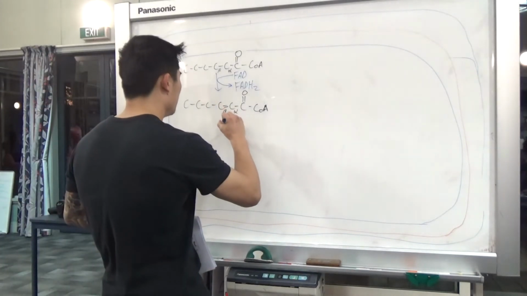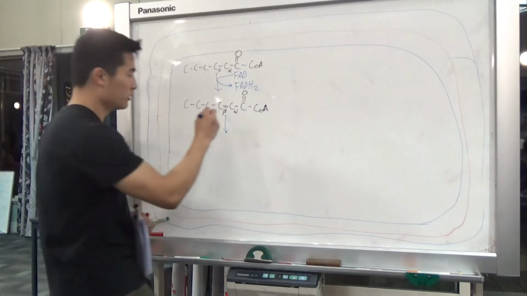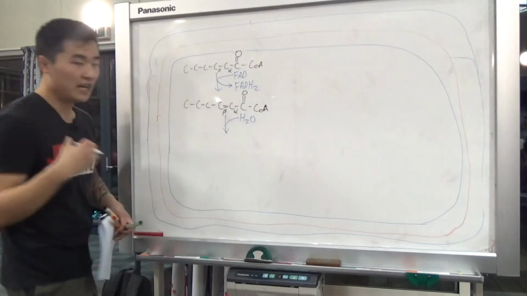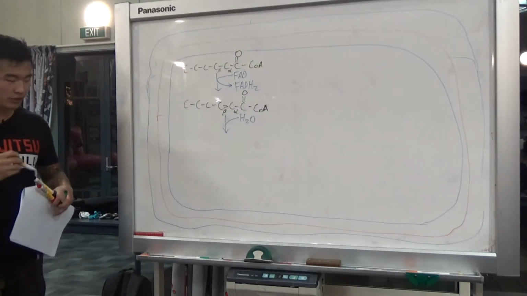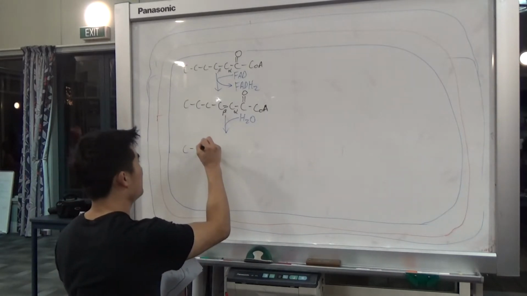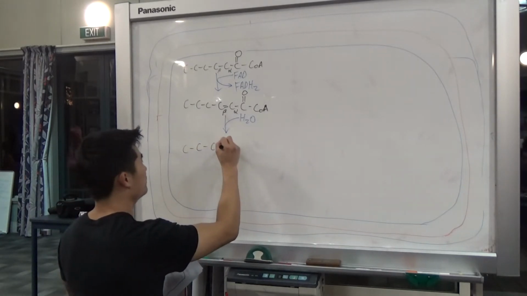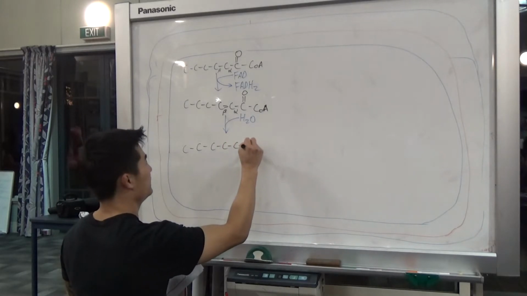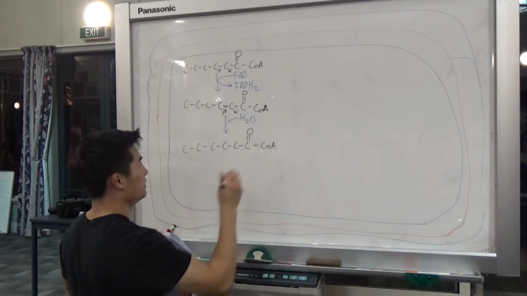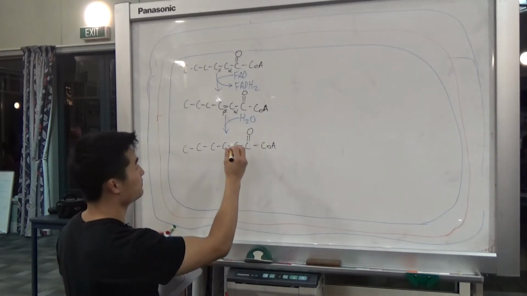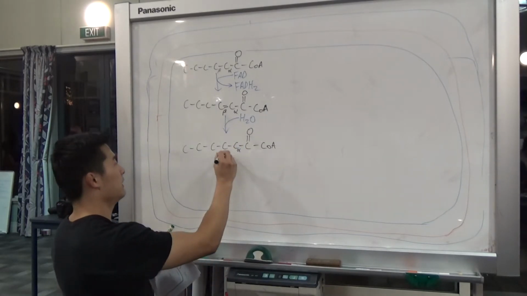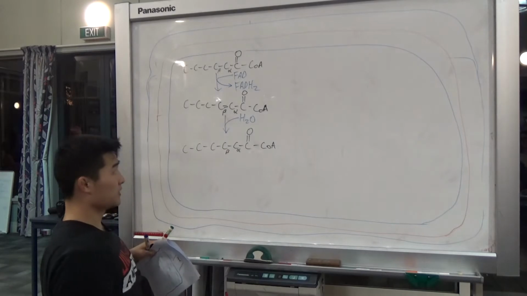Now we are going to add a water molecule. We're going to get H2O, and this is called hydration because we're adding a water molecule. So again, we'll draw our 6-carbon molecule, 1, 2, 3, 4, 5, 6, and we have our CoA. This one is a double bonded O, this one was our alpha carbon, and this one was our beta carbon.